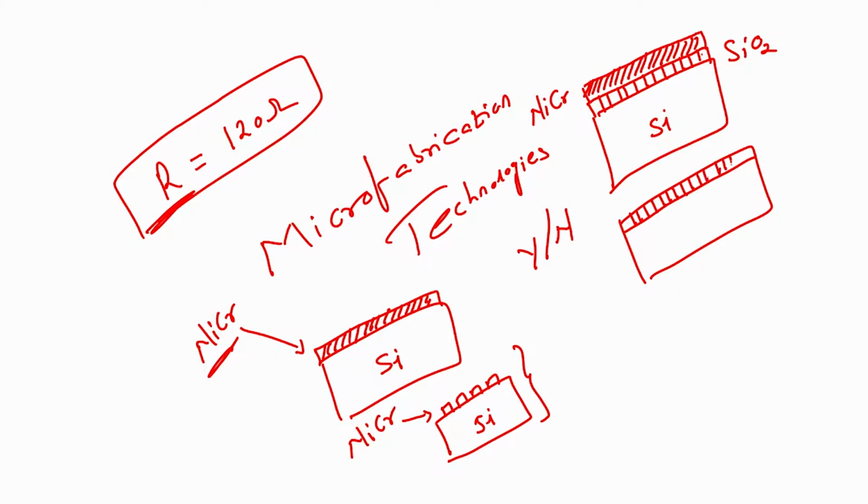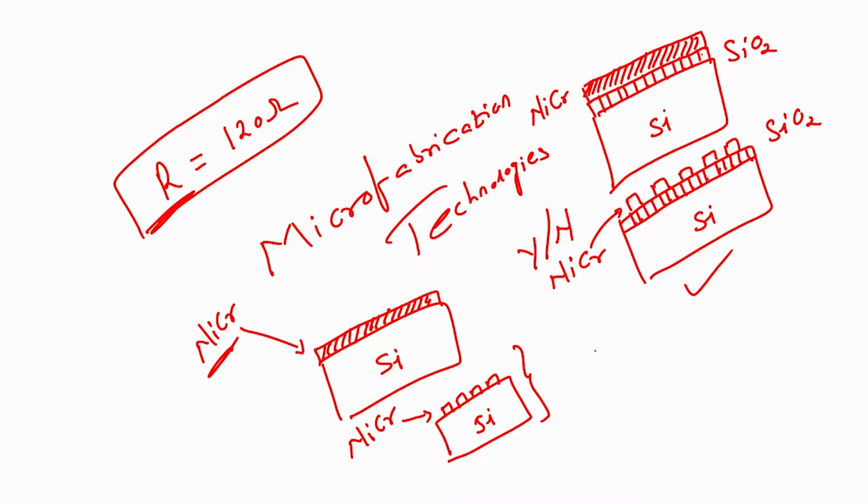Silicon dioxide, silicon, and you have your heater here, right. I will teach you how to fabricate this heater. Right now you just assume that you have patterned this heater, and this is the correct way of fabricating a micro heater.